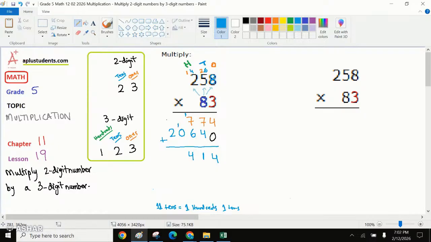We carry 1 to the thousands. 1 plus 0 is 1. And 2 comes as it is. So the answer comes out to be 21,414. What we are doing is multiplying a 3-digit number with a 2-digit number.